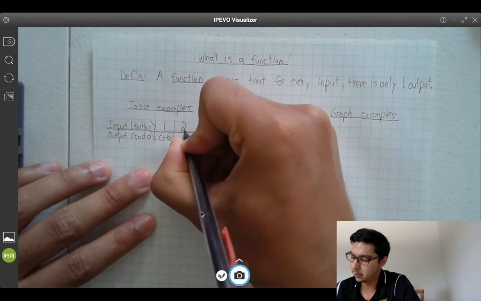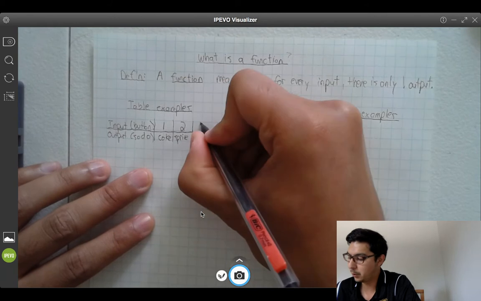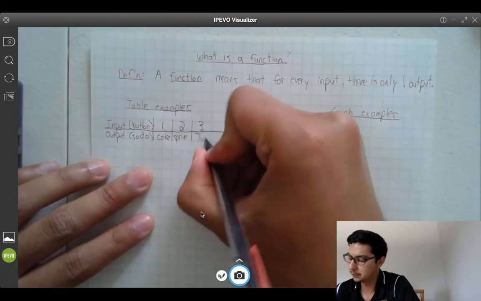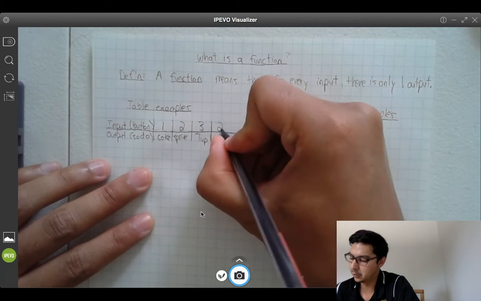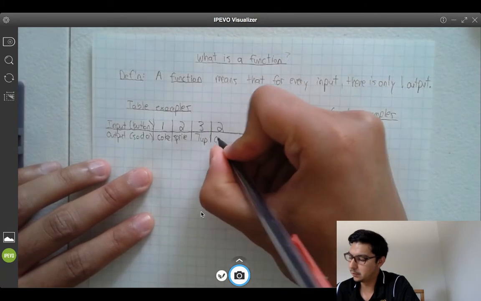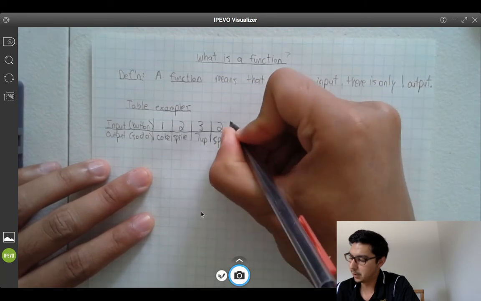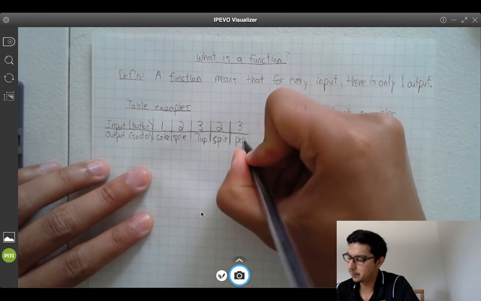If you hit button 2, you get a Sprite. If you hit button 3, you'll get a 7-Up. There's another button 2, which gives Sprite. And there's another button 3, but this one gives Pepsi.